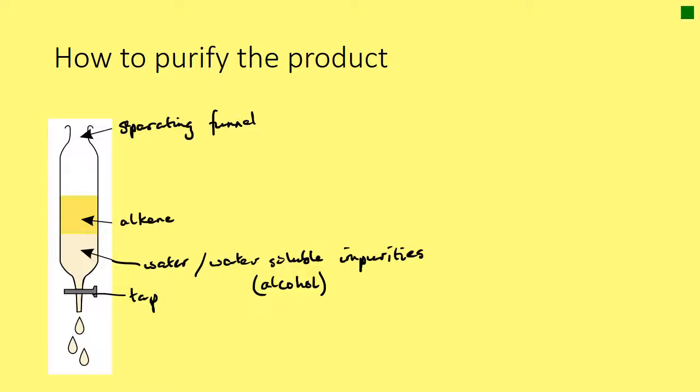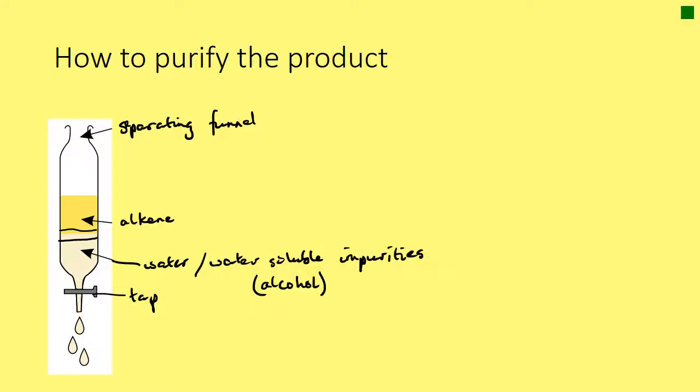And when you get down to about here, just short of the borderline, you would stop and then run it out into a separate beaker until you've just started running your alkene out there. And that would be waste, because you'd probably throw that away. You wouldn't do anything with that. And then the third little collection vessel you would use to collect your alkene, and that would be how you would collect your relatively pure product.